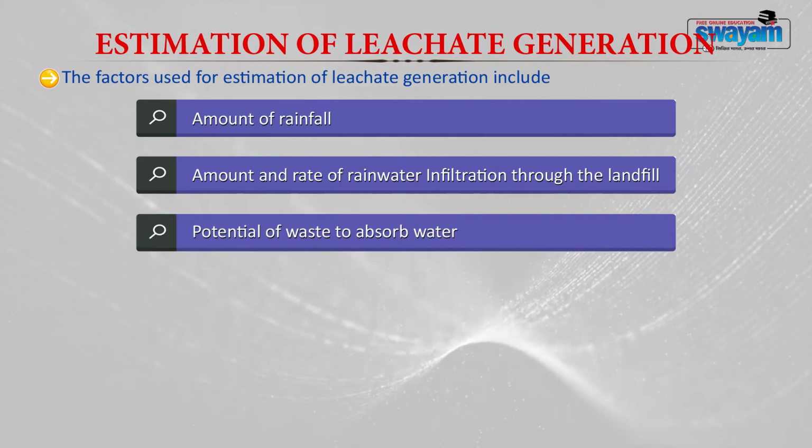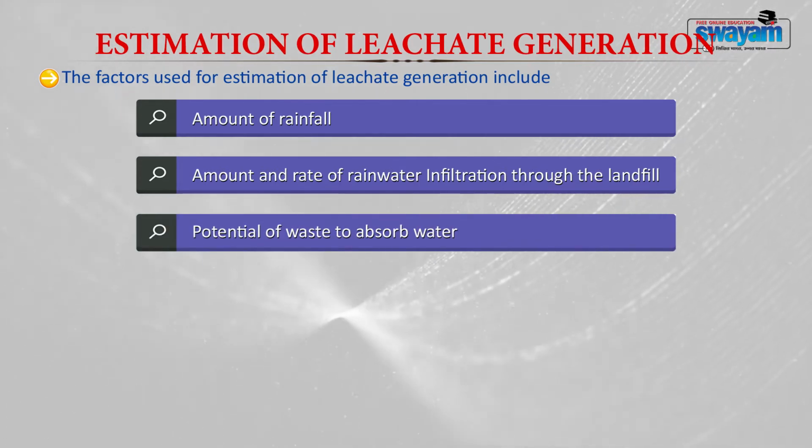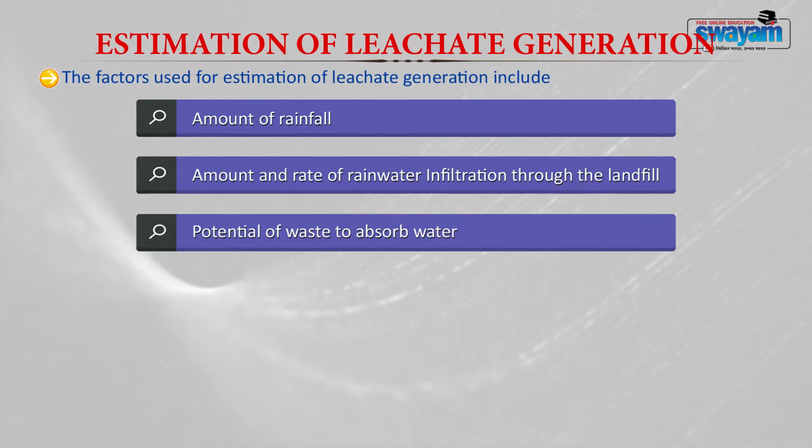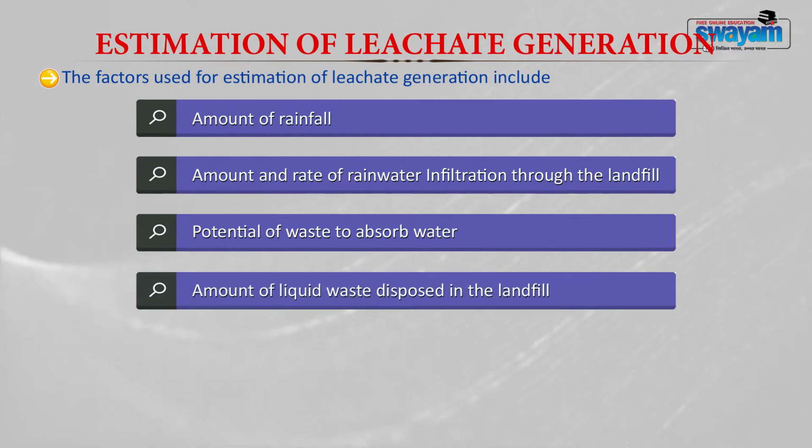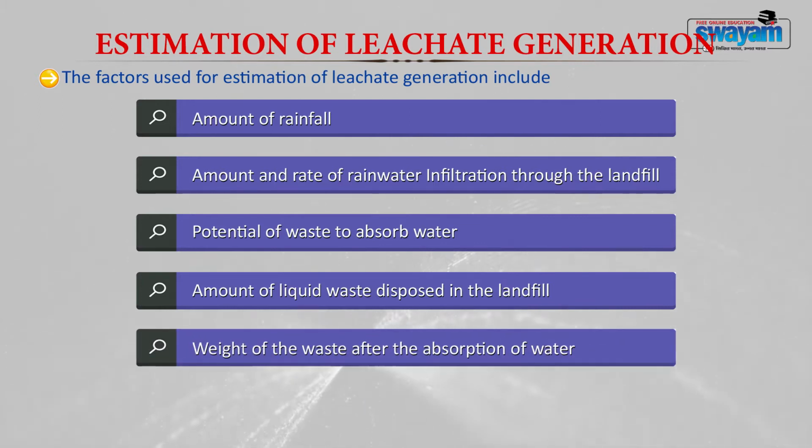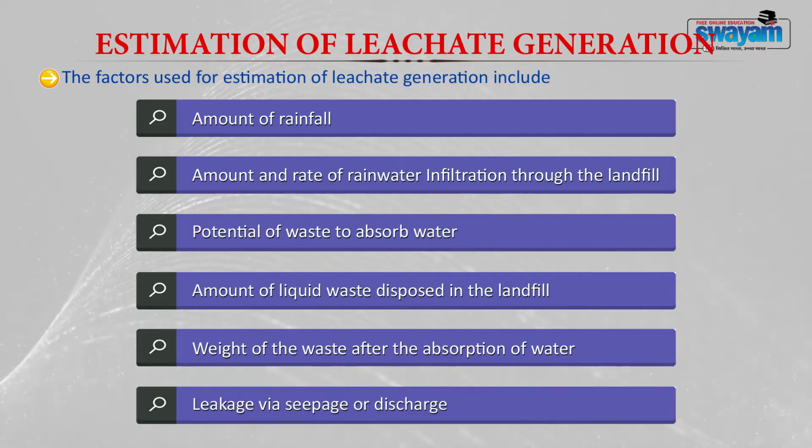Third, the potential of waste to absorb this water. Then, the amount of liquid waste that is disposed into the landfill along with the other solid waste materials. Then, the weight of the waste after the absorption of water. Finally, leakage via seepage or discharge should also be accounted for.